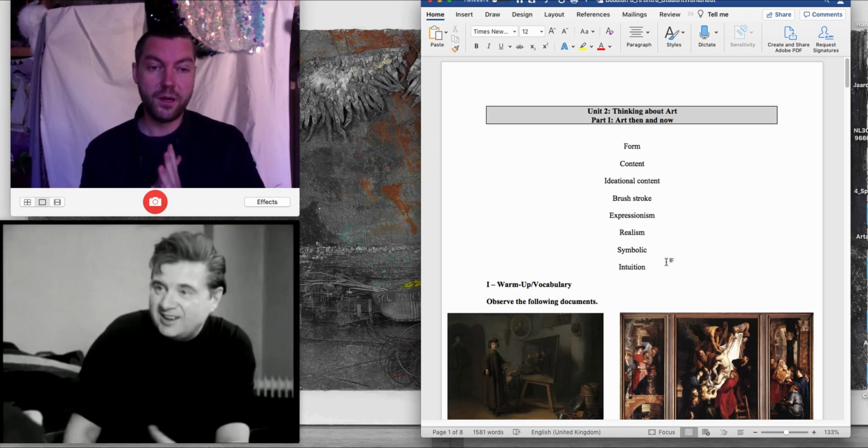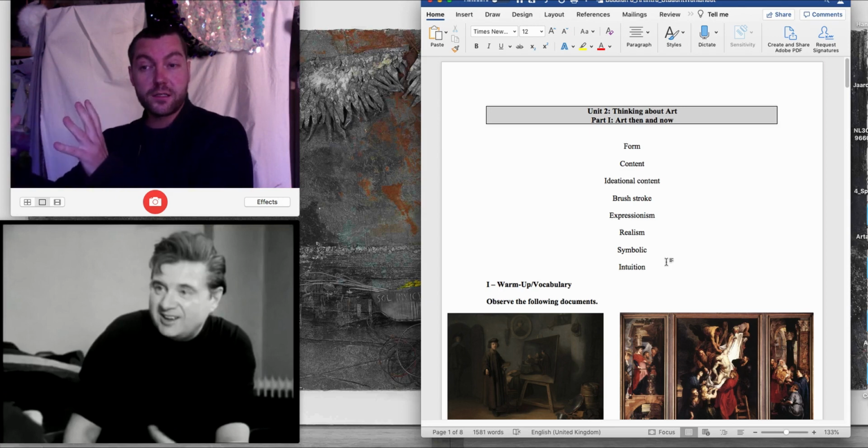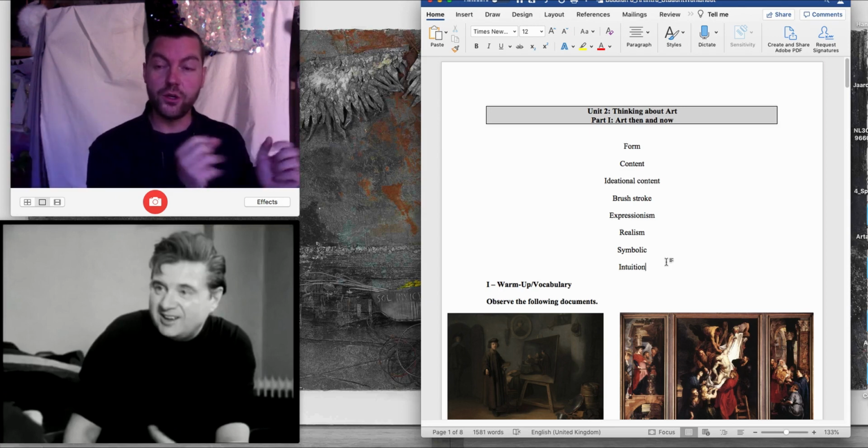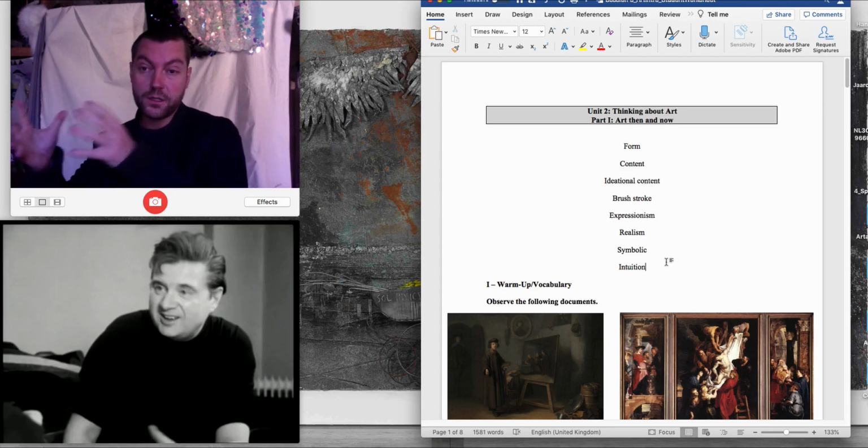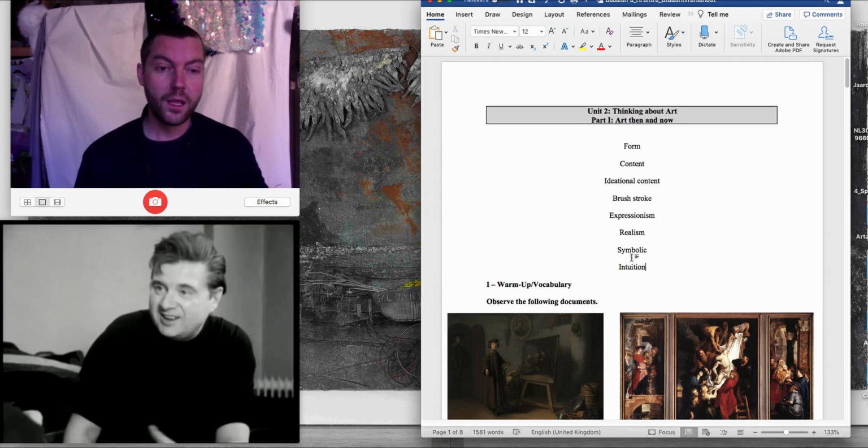So we could ask about the relationship between ideas here and expression. Do ideas come first and then we have expression, or does expression come first and then we move to ideas? Another interesting notion related to all of these is symbolism, or the symbolic.